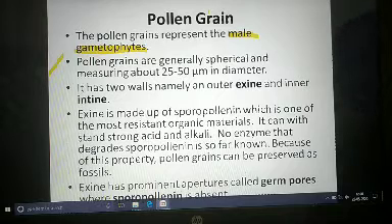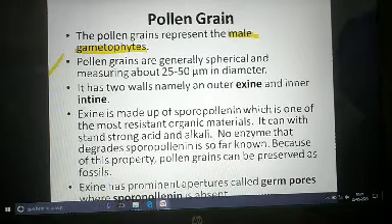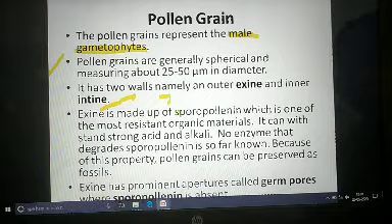It has 2 walls, namely an outer exine and an inner intine. So a pollen grain is composed of 2 walls. The outermost layer is very hard, so exine is a very hard layer, and intine is the second layer. Exine is made up of a substance called sporopollenin. Please remember this.